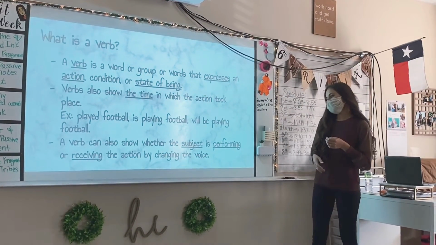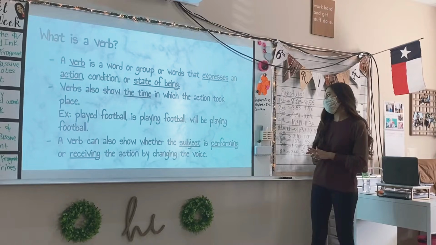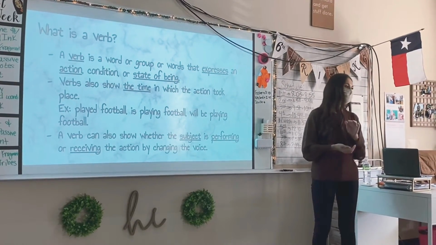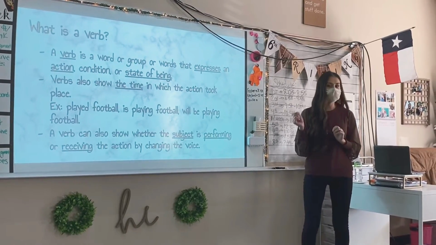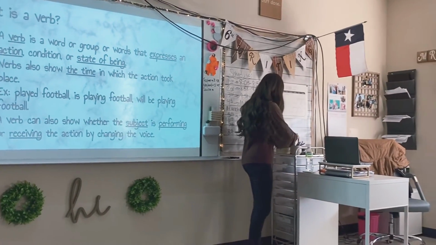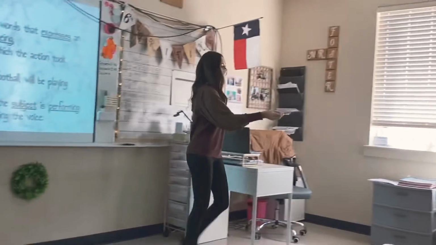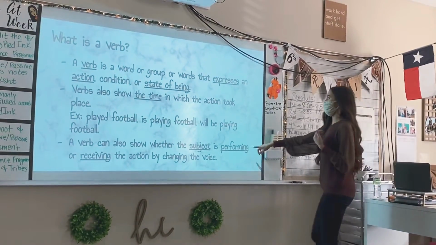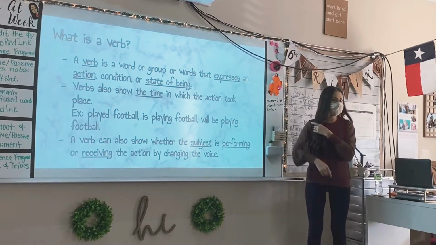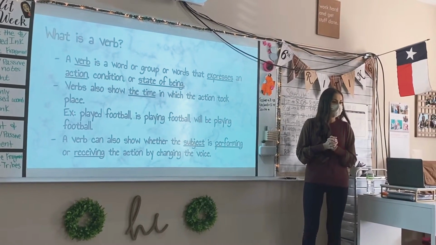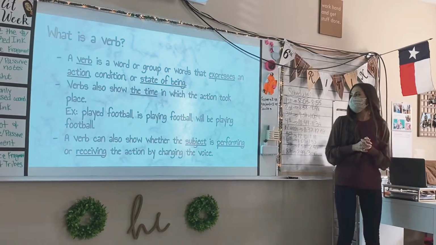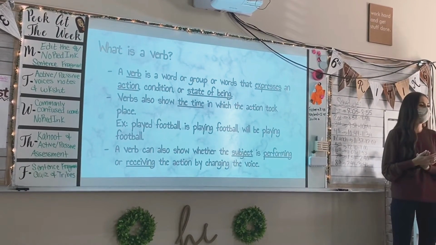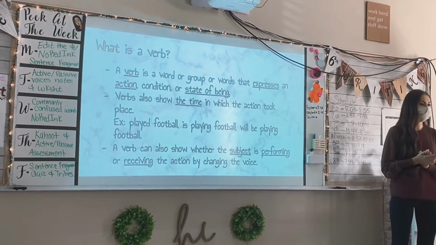And then a verb can also show whether the subject is performing or receiving the action by changing the voice. Okay? So you're going to fill in the ones that have the underlined words on there. Any questions so far? No. Okay.